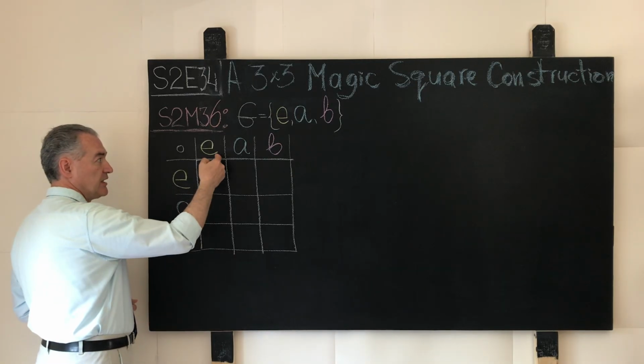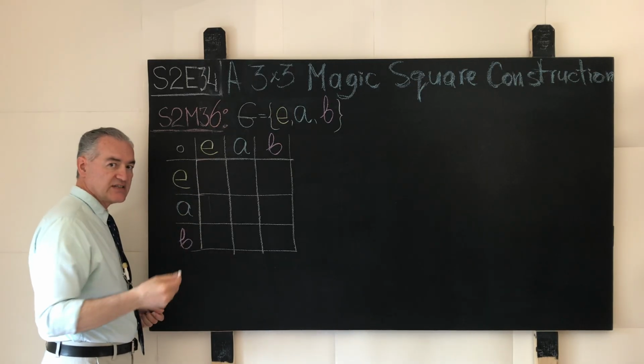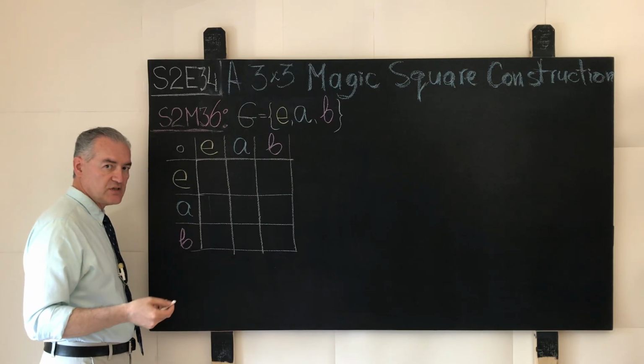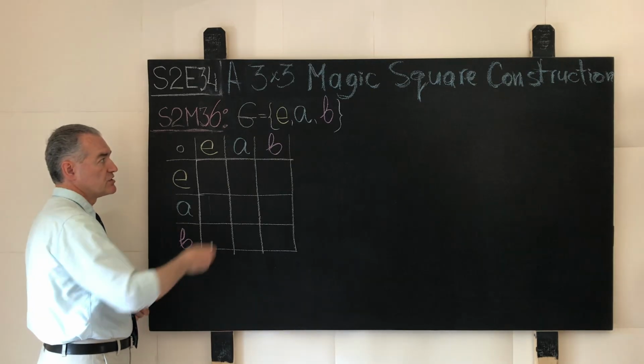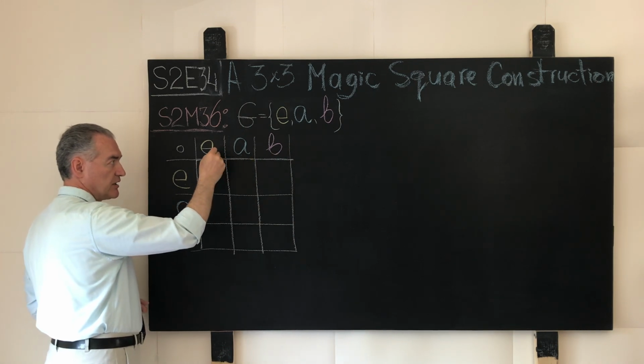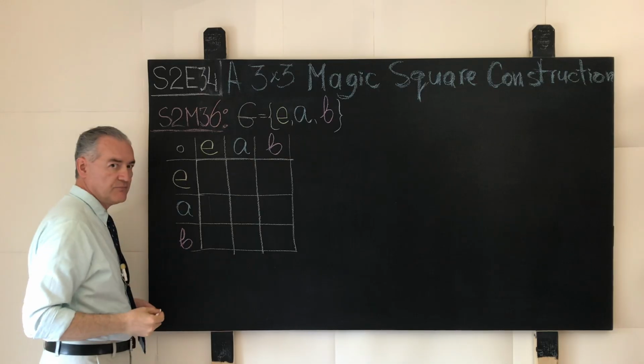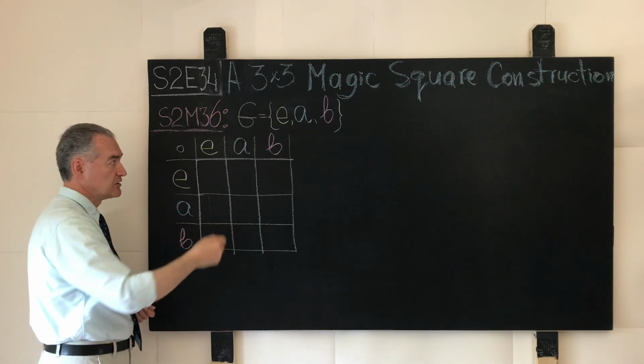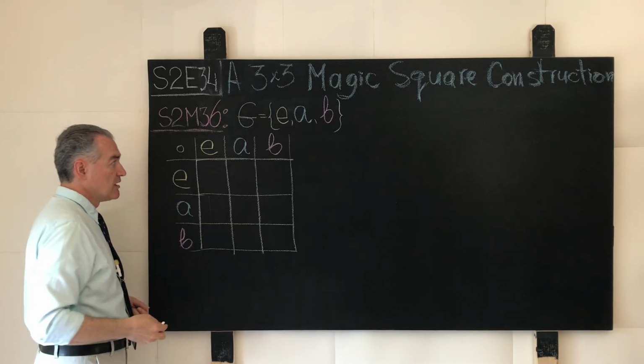For example, E is the so-called unique double-sided identity of a group, which is an element such that when we multiply any other group element by E, we obtain the group element that we multiplied E with.